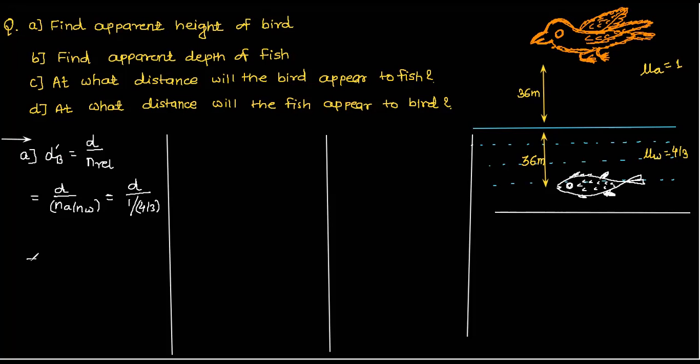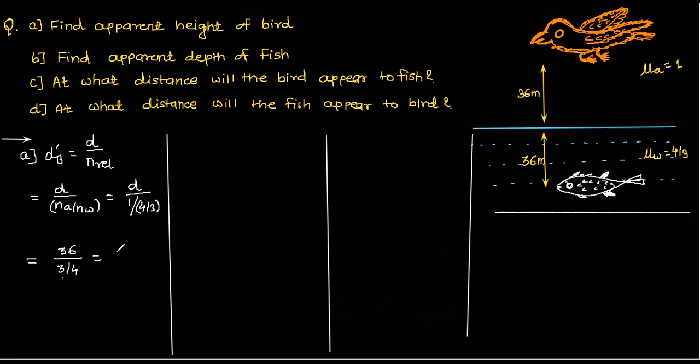So this is equal to D. Already you know how much D is: 36, divided by 1 by 4 by 3, which means directly 3 by 4.